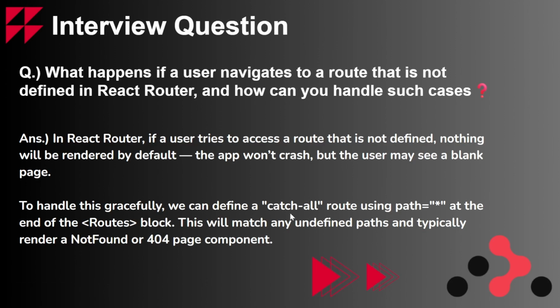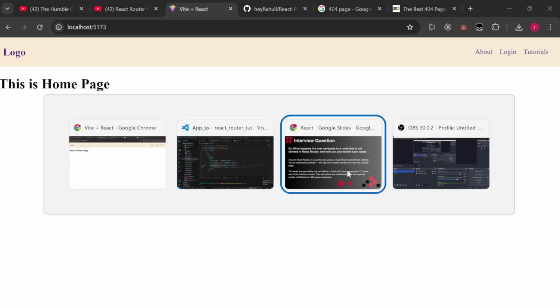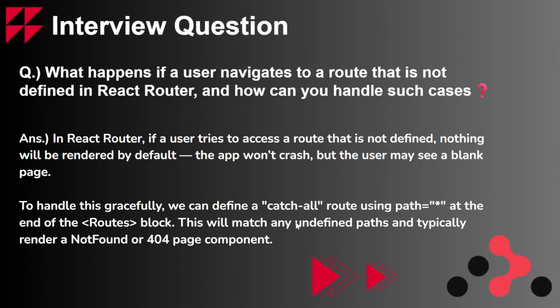This is what we have seen in this video. We have used Route, and the path we have mentioned is star, and then we show the element we want rendered when such a random or non-existing URL is hit. So this will match any undefined paths and typically render a not found or 404 page component. Now I hope this paragraph is very clear to you, because that was the aim.